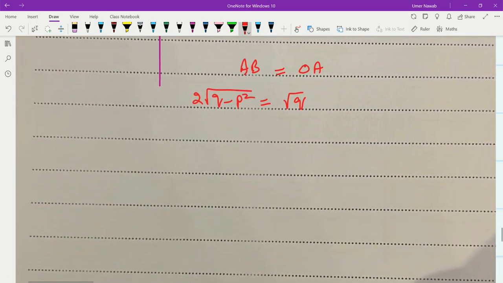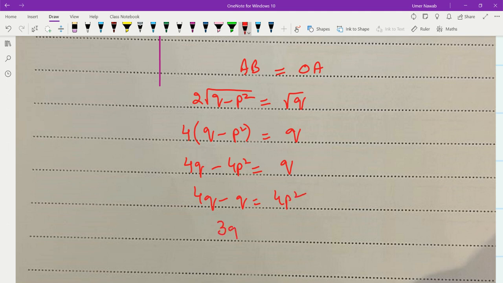Can I take the square on both sides? It will help me to write my expression in this form. Now open the brackets, 4q minus 4p squared is equal to q. Then 4q minus q is equal to 4p squared. Then 3q is equal to 4p squared.